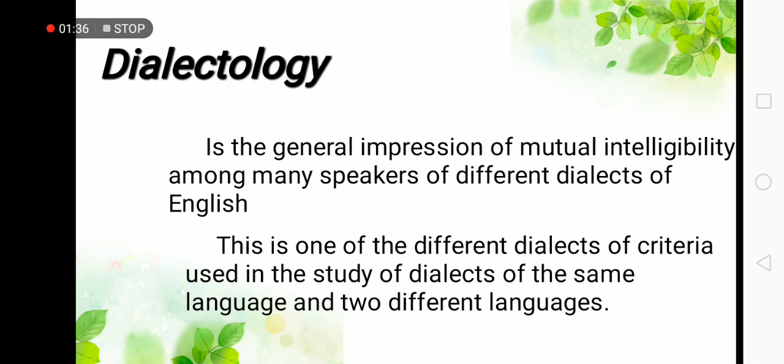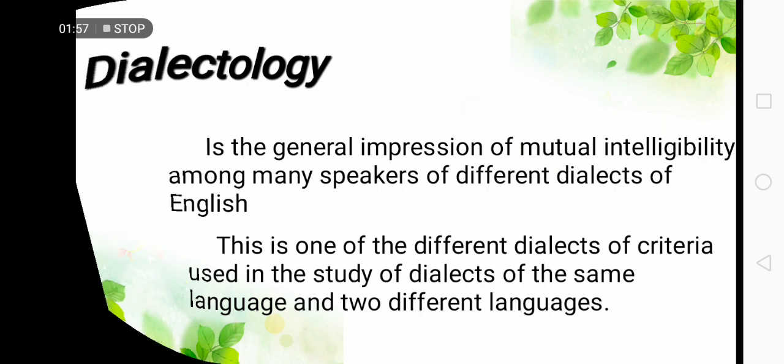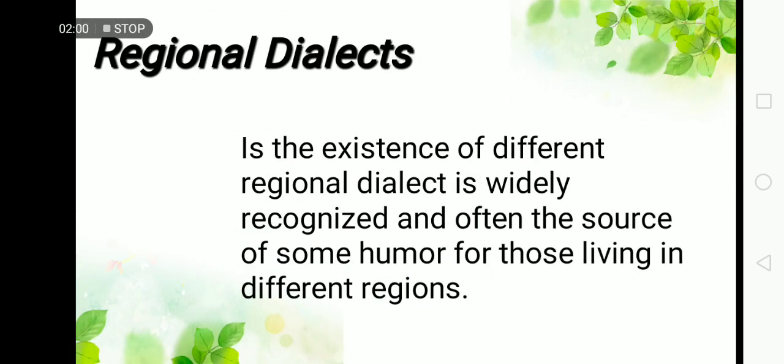So, dialectology is the criteria used in the study to distinguish between two different languages, which the speakers can't usually understand each other, or two dialects of the same language, which the speakers can usually understand each other.